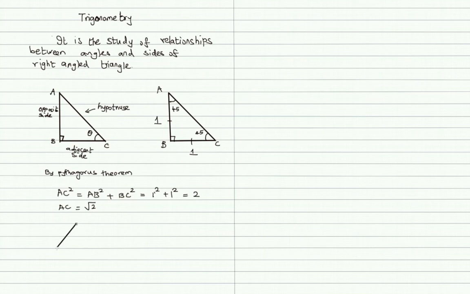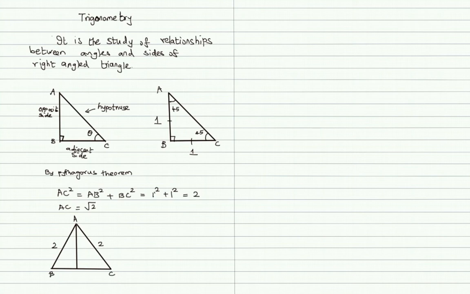Now let's draw one more, an equilateral triangle. In an equilateral triangle, the length of all sides will be equal. Let us also draw a perpendicular from the top vertex to the base. In the equilateral triangle, let's consider each side to be 2 units.